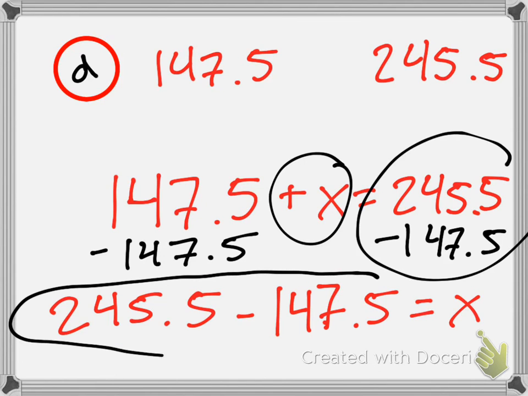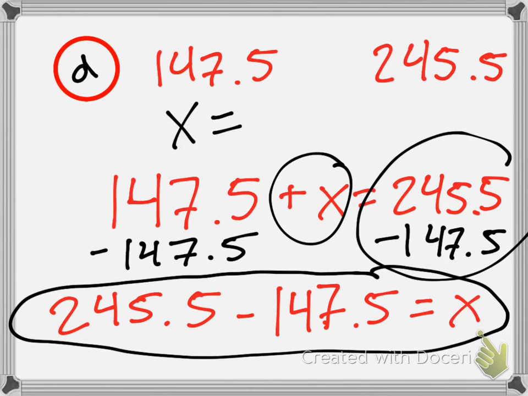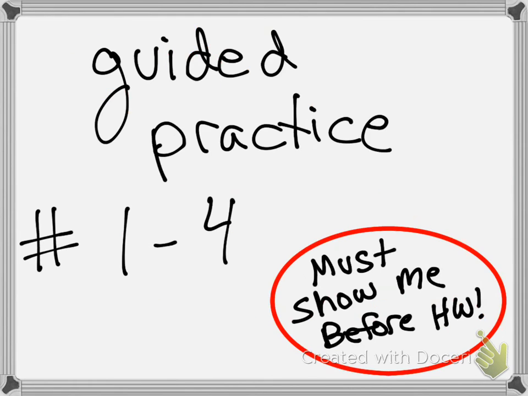That's the same thing that we've got written here. So what is the answer? 245 and 5/10 minus 147 and 5/10. What did we get as our answer, Michelle? 98. Do we agree with her? Yes, excellent. So Tariq has 98.